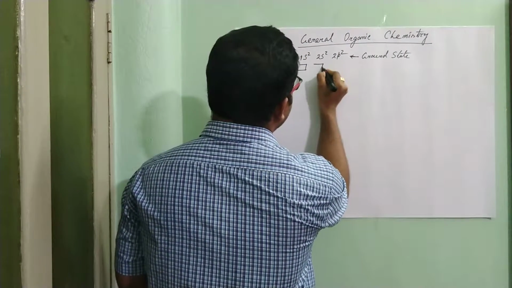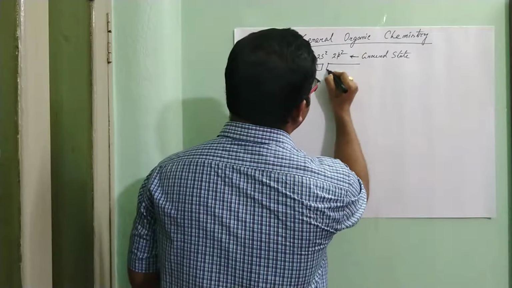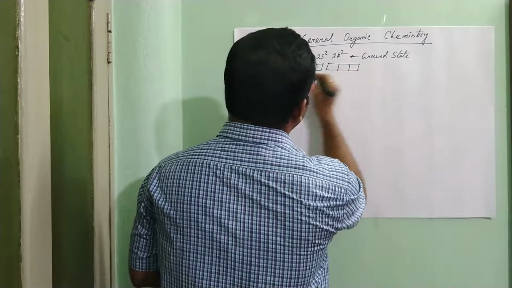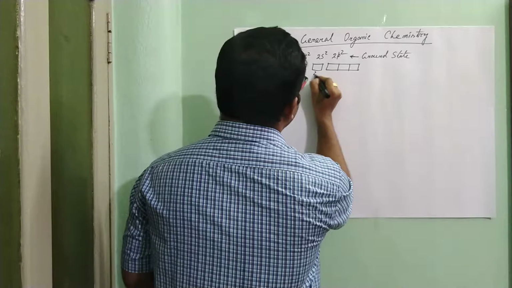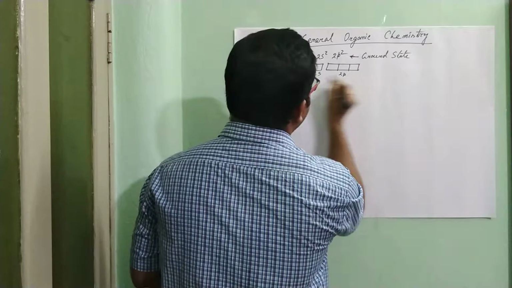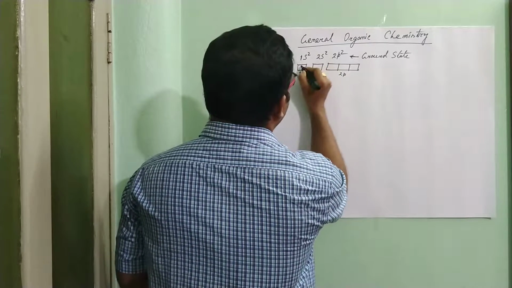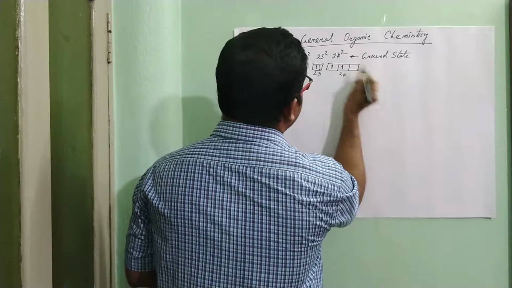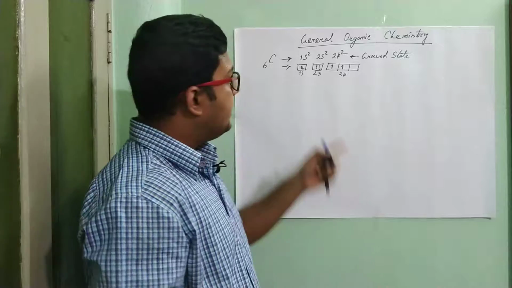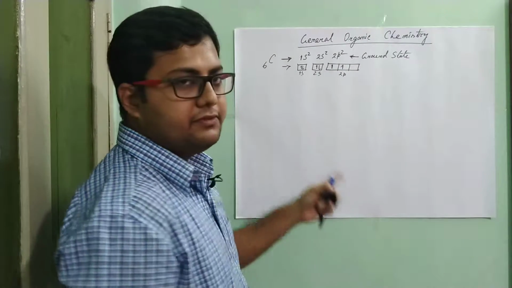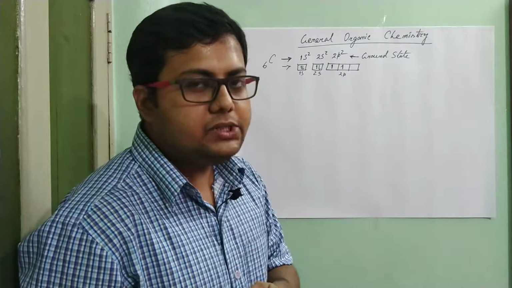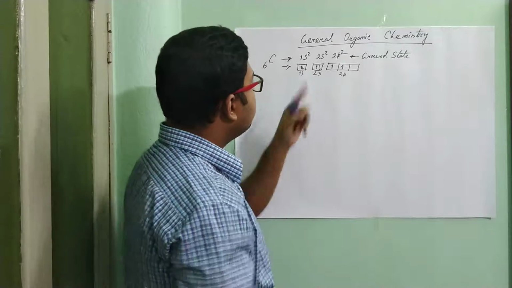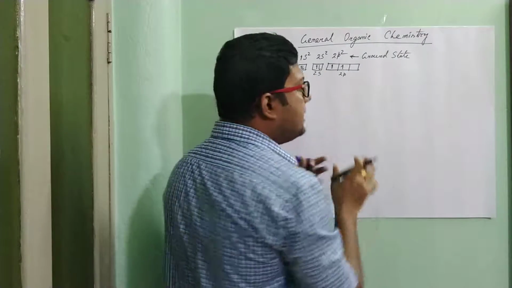Suppose in the ground state, we write the electronic configuration in this manner, where this is 1s, this is 2s, and this is the 2p orbitals. This would be the electronic configuration. But whenever it tries to react with something, it needs to be a little bit different.